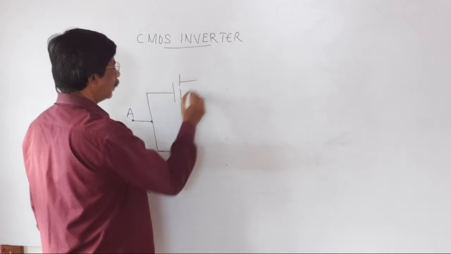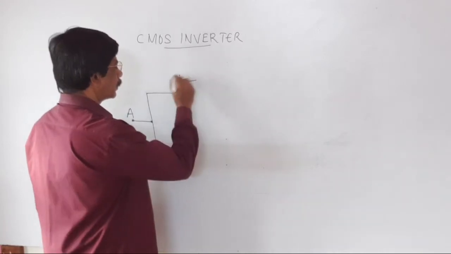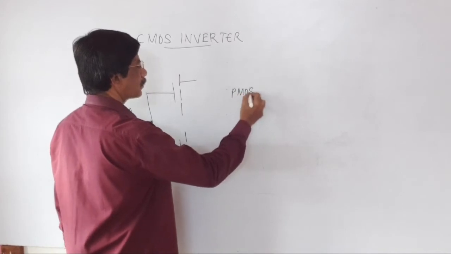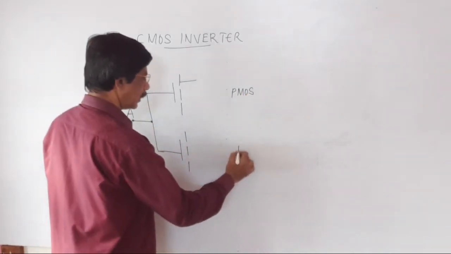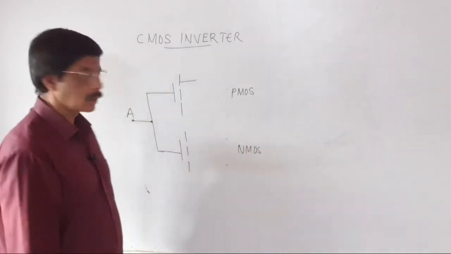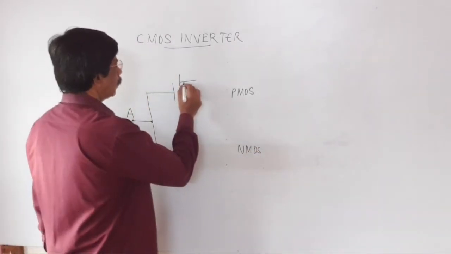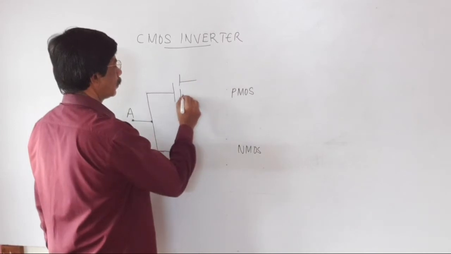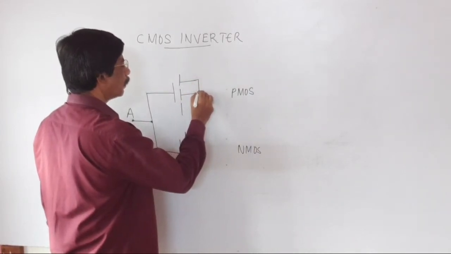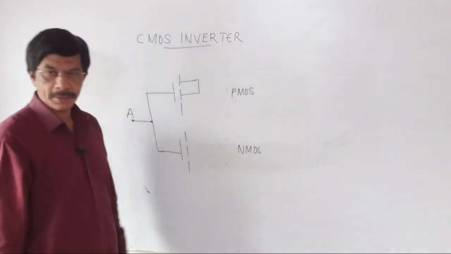The upper one is the PMOS transistor. The lower one is the NMOS transistor. The source and the substrate of the PMOS transistor are interconnected.